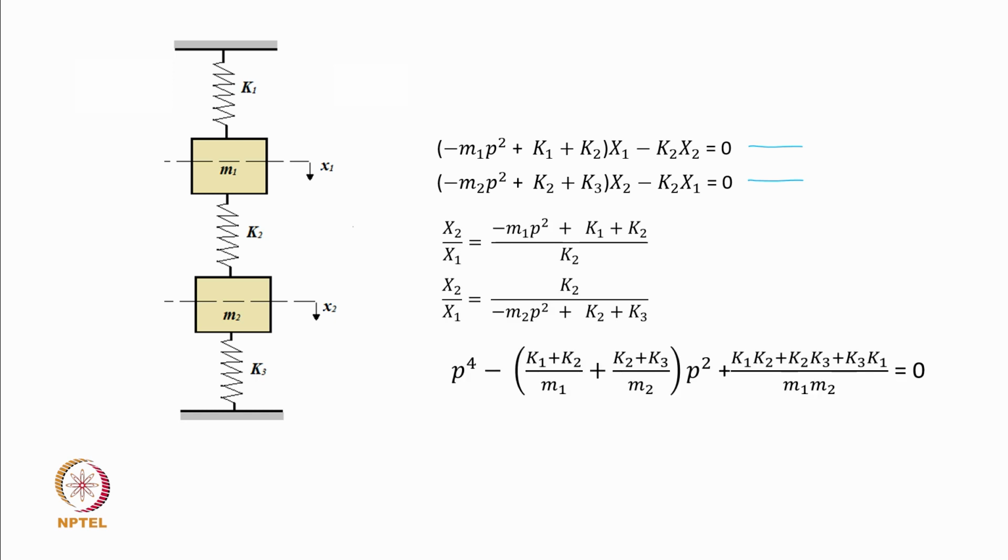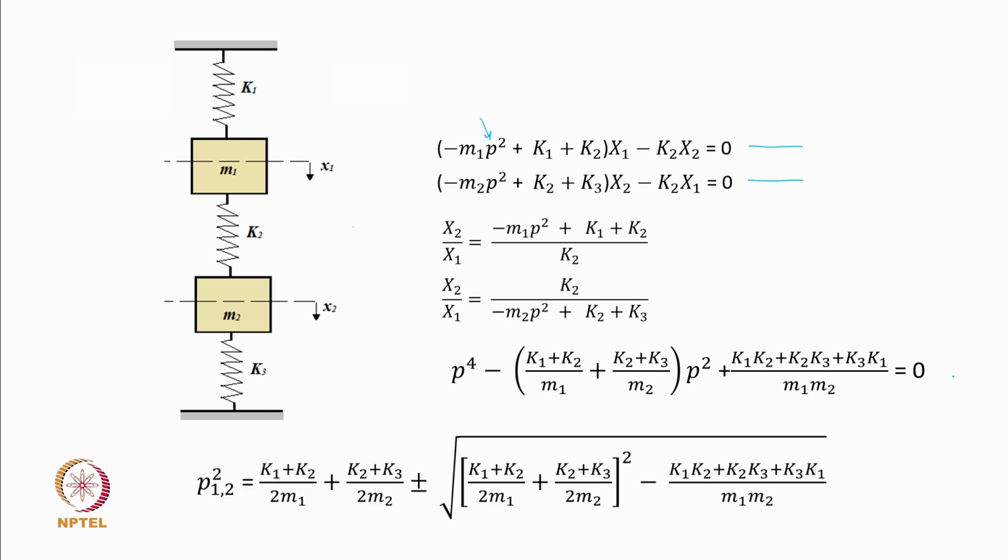And by solving this, of course here instead of omega it is p, but that refers to the same frequency of motion. You basically get this equation by solving the last equation on the previous slide. You will get a quadratic in p square, and if you solve that, it is given as the frequency expression.